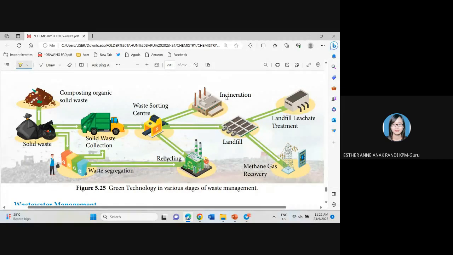Ada waste yang kita boleh terus lupuskan. Okay, sebab dekat sini memang dia sorting, dia akan pilih susun, dia akan bahagikan mana yang boleh recycle, mana yang boleh buang, dia terus buang.